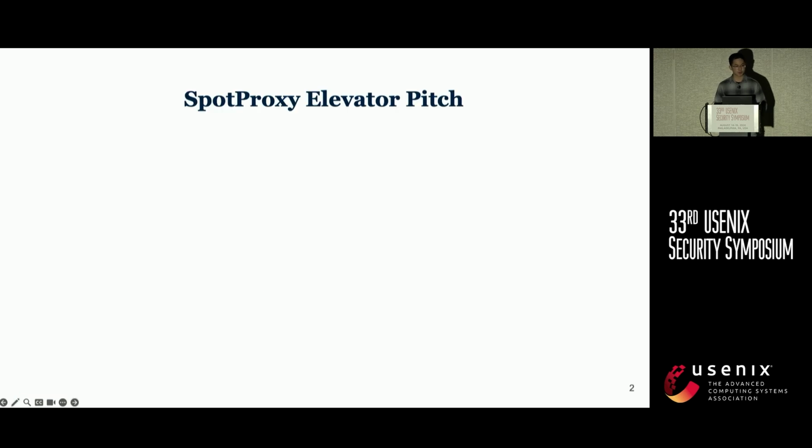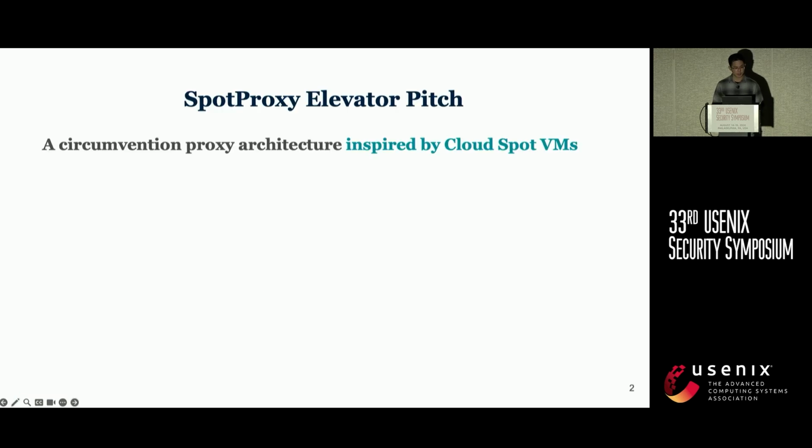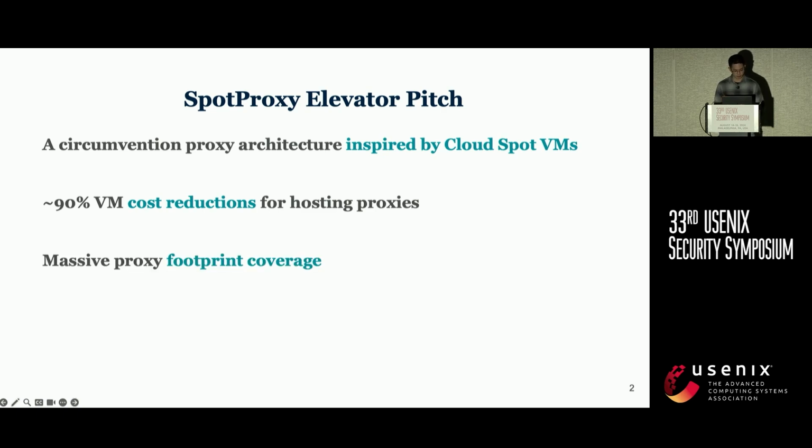So here's what SpotProxy is all about. Essentially, it's a circumvention proxy architecture that is inspired by a special kind of virtual machine on the cloud, a Spot virtual machine. And using our architecture, you're able to reduce costs for hosting proxies and VMs by around 90%.